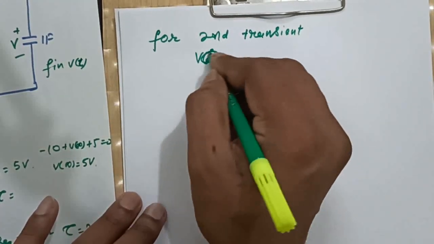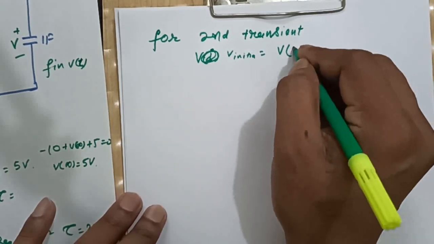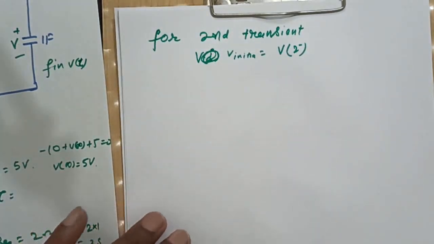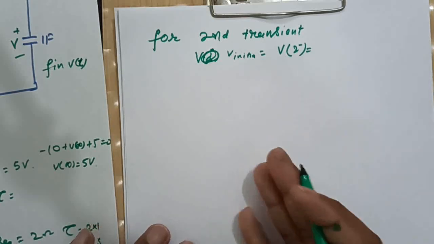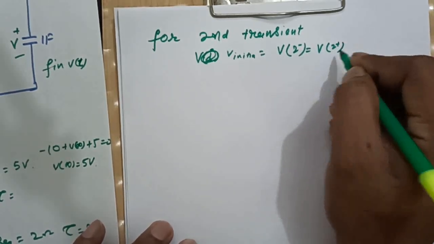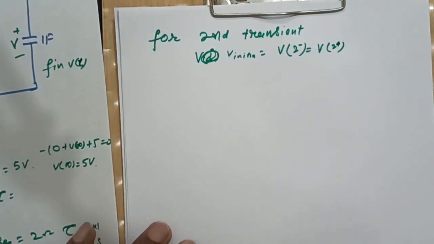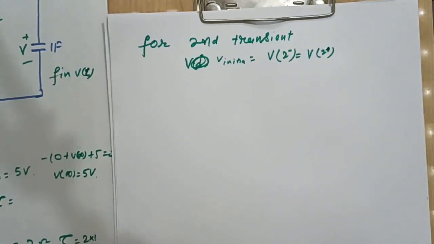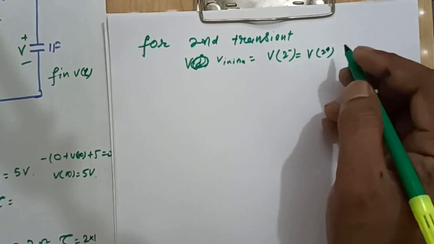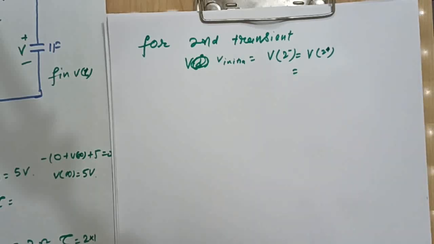Say V initial is nothing but V at time t equal to 0 minus, or V at time t equal to 2, or V at time t equal to 2 plus, whatever it is, because these three will be same.